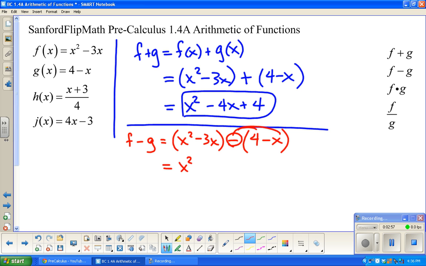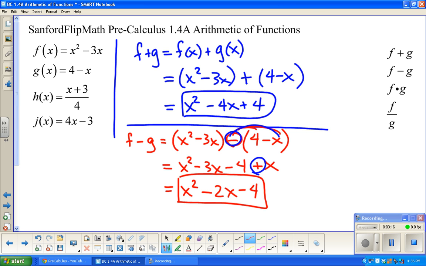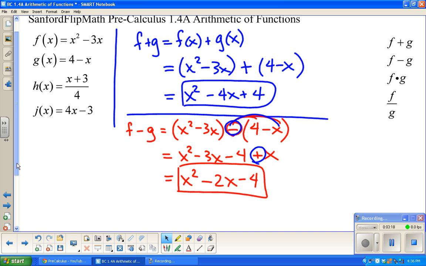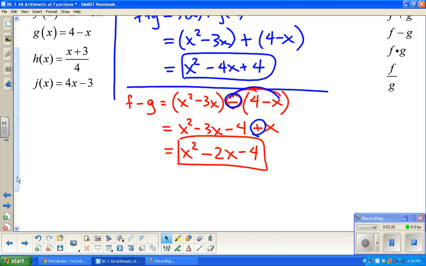So this becomes x squared minus 3x minus 4 plus x. Again, this is plus x because it was minus the negative x. And I'll do a little combining like terms. And that's it.